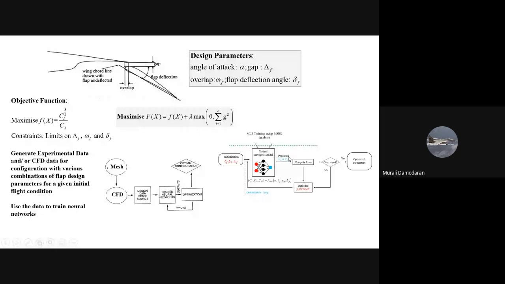You get the CL, CD, CM, whatever. You compute the loss, and optimization is done using some of the packages available in TensorFlow, like L-BFGS-B, whatever.